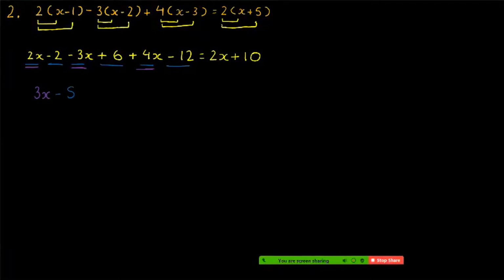Am I right there? Yes, awesome. Equals 2x plus 10. So now we want to isolate all the x's. Let's get rid of the minus 8 on that side, so we want to add 8 to both sides.